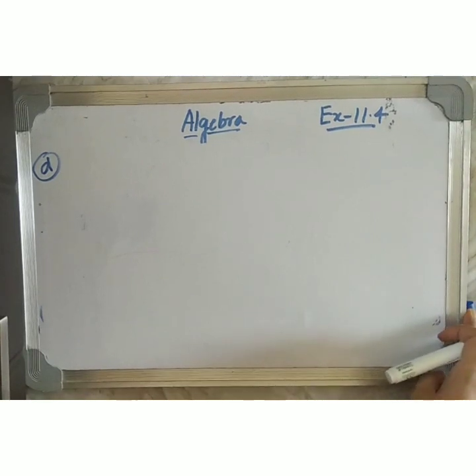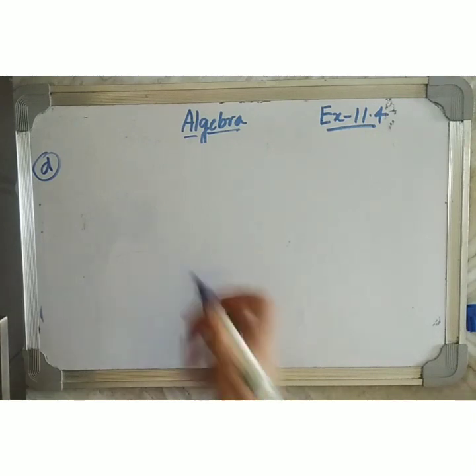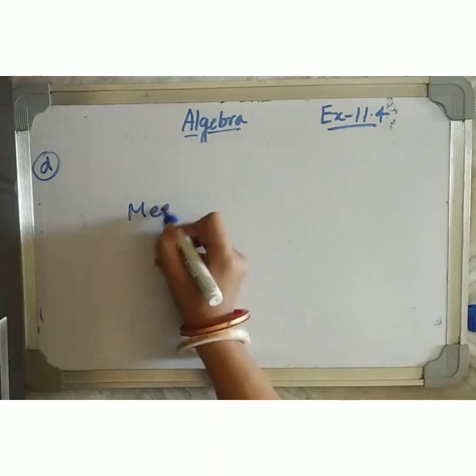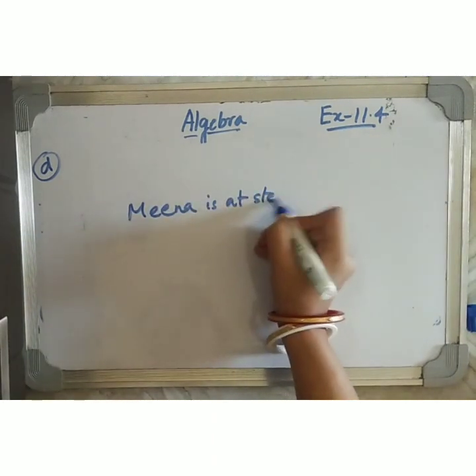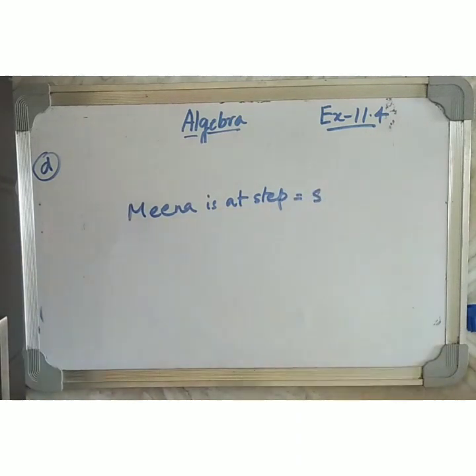Now in question number D, it is written, Meena, Beena and Leena are climbing the steps to the top of the hill. Meena is at step S. So let's write it. Meena is at step S. I am just writing it for my convenience. Now it is written, Beena is 8 steps ahead and Leena is 7 steps behind.